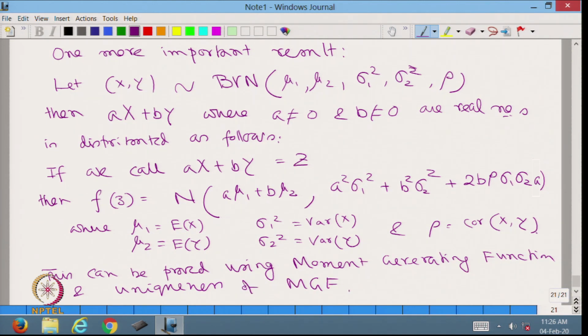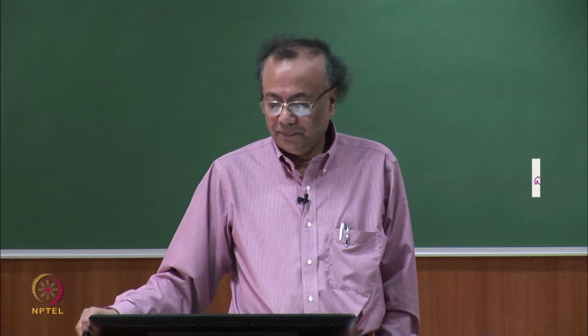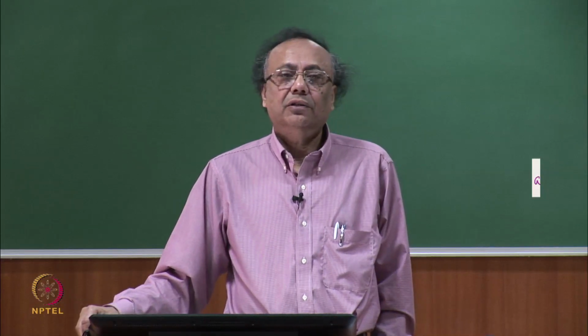I suggest that you try this with a x plus b y when a and b are not equal to 0, and you will find that T 1 is equal to a t and T 2 is equal to b t. Try this, that will give you a lot of insight into the mathematics of bivariate normal.